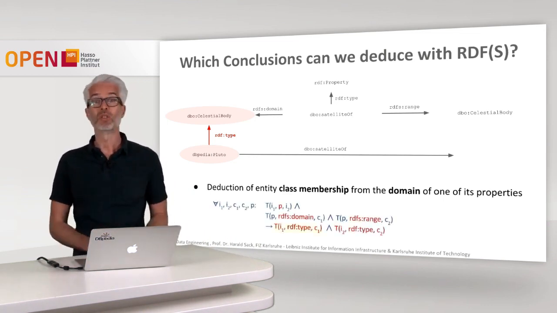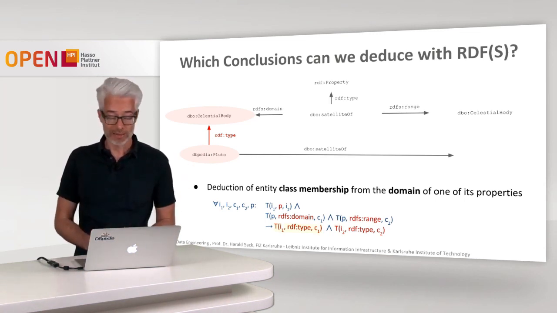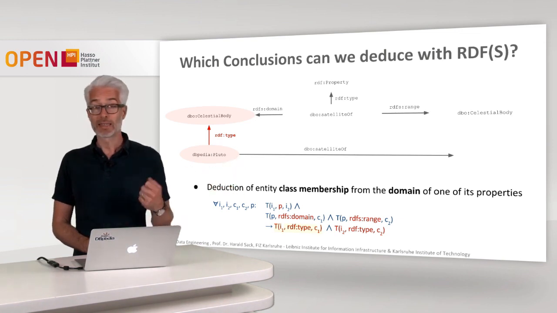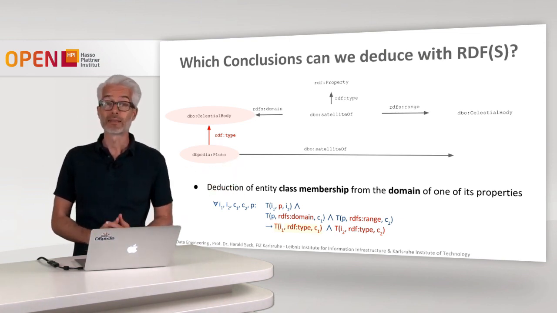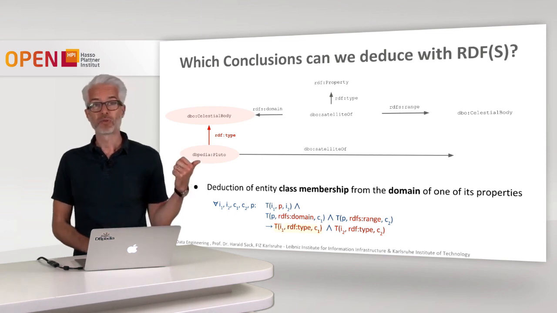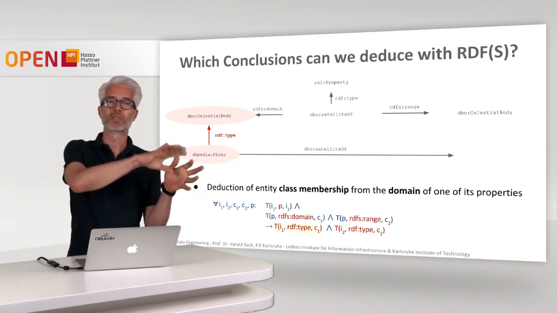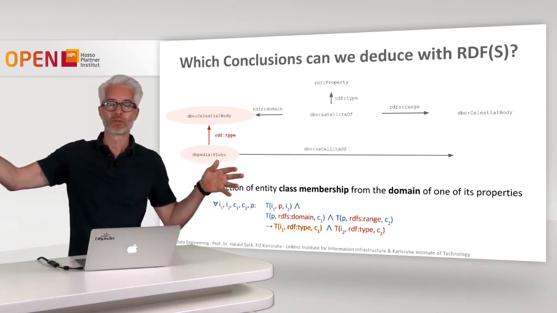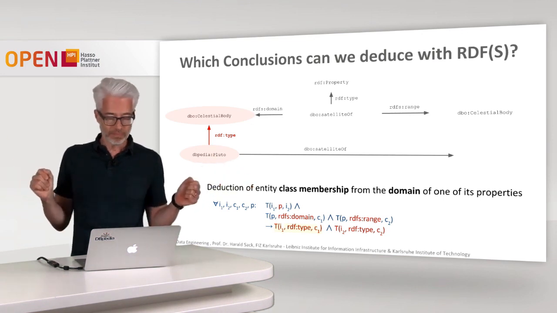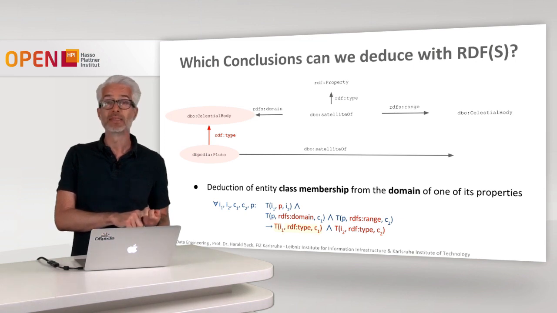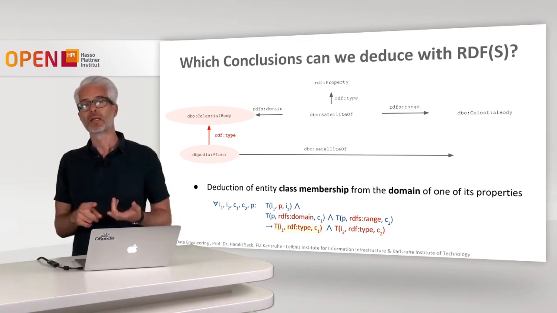Of course, I can also rephrase this in a mathematical setting. So if I do this in a mathematical setting, I would say for all instances I sub 1 and I sub 2, all classes C sub 1 and C sub 2, and all properties P, the following holds. If I have the triple I sub 1, P, I sub 2, which means I sub 1 is connected via a property P to another instance I sub 2, and we have a domain restriction on P, which says that the domain of P must be C sub 1 and the range of P must be C sub 2.